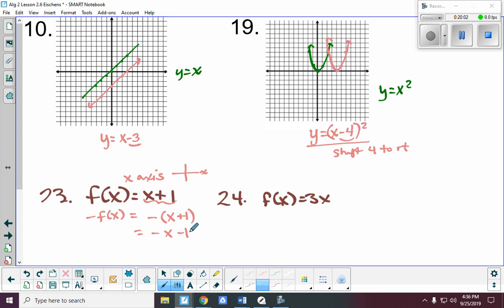That's your answer. Number 24, f of x equals 3x, and you want to reflect that about the y-axis. And the y-axis would mean that the x values are going to change. So then that would be f of negative x. So that would be 3 times negative x, which is negative 3x.